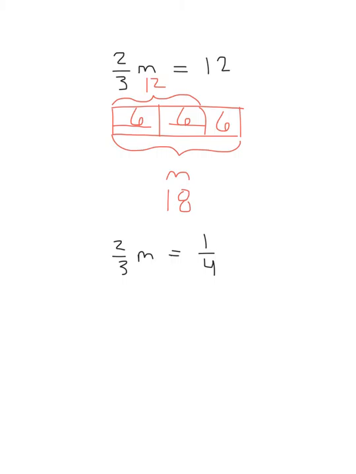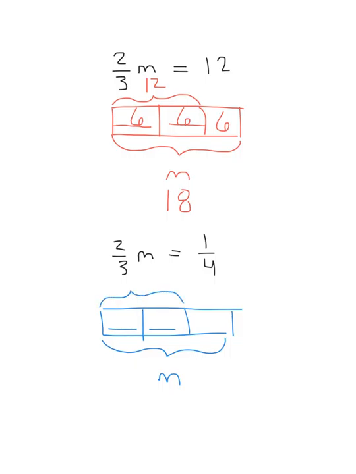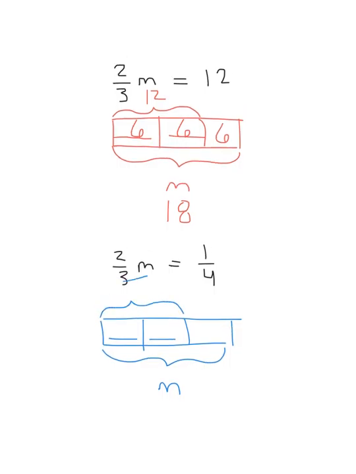Let's think about it if we were working with fractions. What if we had, again, the 2/3 part? So we have the whole bar, which is our unknown, our variable m. 2/3 of it. So these two bars have a value of 1/4. So what plus what is 1/4?